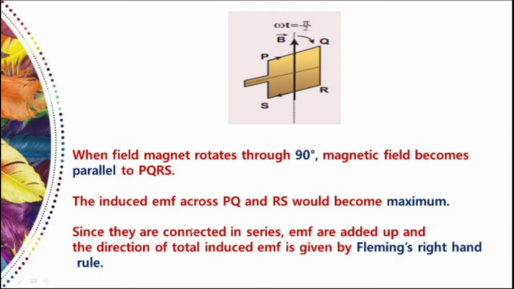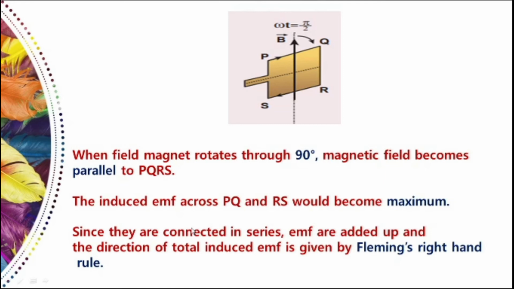Usually the thumb indicates the direction of motion of the conductor with respect to the field, but here the poles are rotating clockwise. For clockwise rotating poles, the conductor appears to be rotating anti-clockwise. So, hence, the thumb should point to the left.